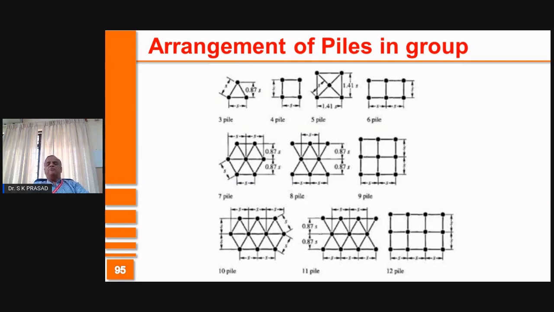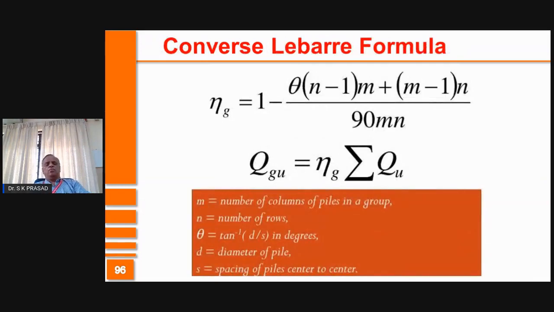Now you need to find the efficiency. Why? Because you want to know the capacity of the pile group, and that is what is required from the design point of view. So you follow different types of empirical rules for that. Pile group efficiency is controlled by the floating portion of the pile, the pile which is in contact with the neighboring soil.